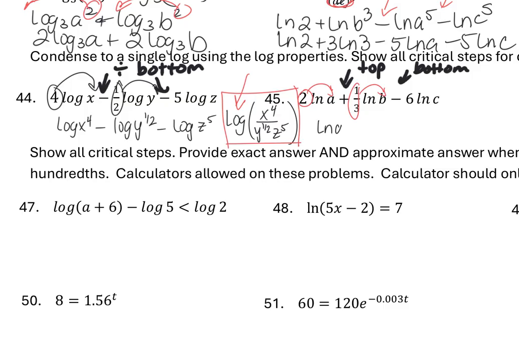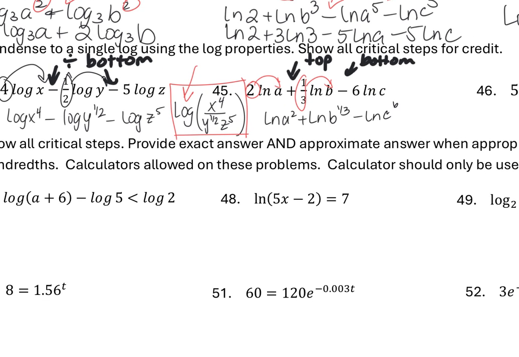So I have ln of a squared plus ln of b to the 1/3 minus ln of c to the 6th. So the a and the b are positive logs. They're going to go in the top. So ln of a squared, and I could write that as cube root b, or you could leave it as b to the 1/3. And the c is minus, so it's going to go in the bottom over c to the 6th.